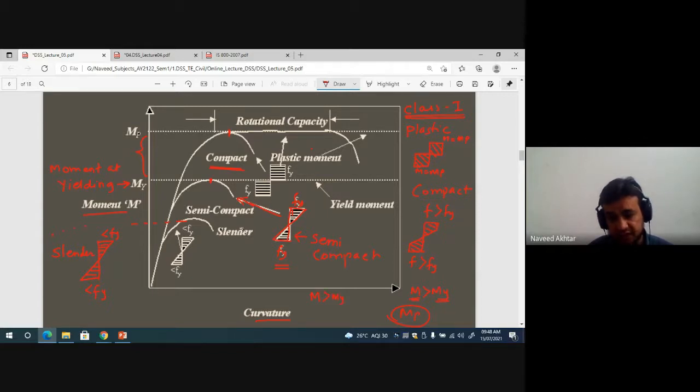In the case of a semi-compact element, you can write this is the moment. Now you will understand what the plastic section, the compact section, the semi-compact section and the slender section are. Any doubt you may ask.